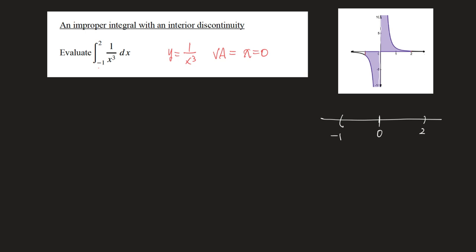In that case, you're going to split this one, guys. How do we split it? The integral from negative 1 to 0 of 1 over x cubed dx, plus the integral from 0 to 2 of 1 over x cubed dx. In the previous example, we already showed that 0 to 2 is divergent.